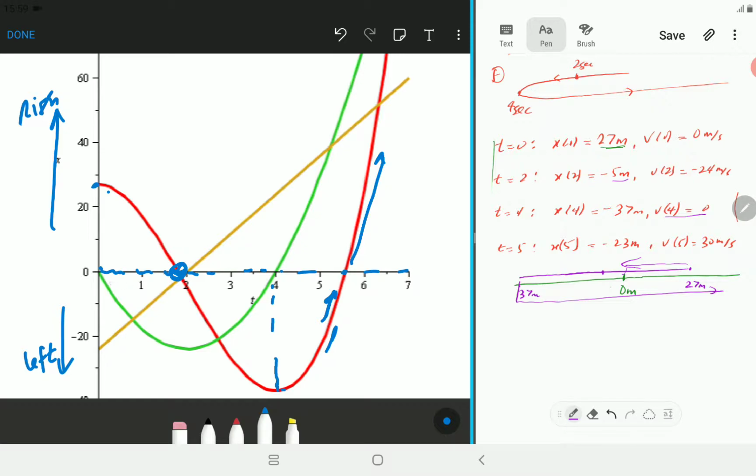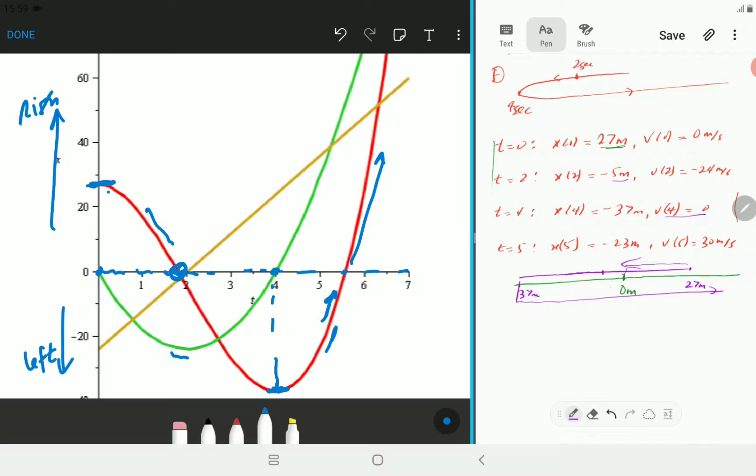The green graph, which is obtained by the derivative of the red graph, is the velocity, and as I said, velocity starts off from 0. Notice that the value of the green graph always corresponds to the slope of the red graph. When the red graph is horizontal, the green graph is at 0. When the red graph has negative slope, the green graph is negative.